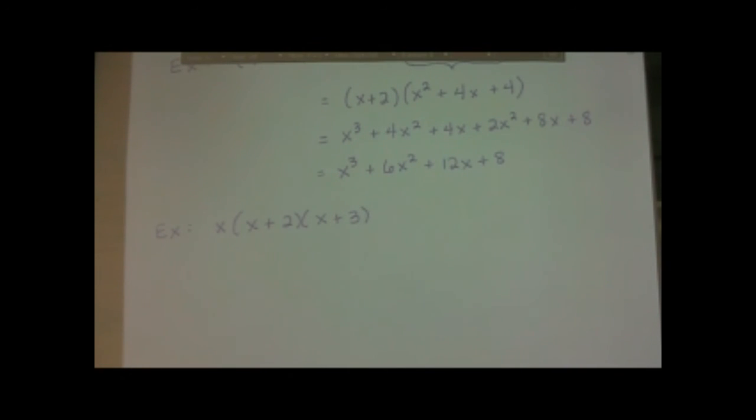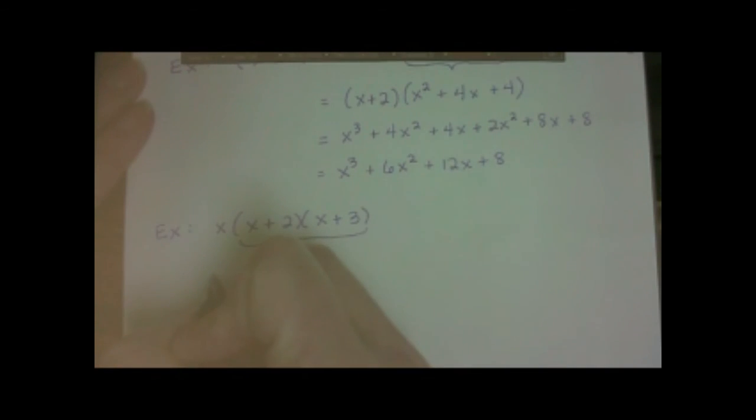Pick any two and multiply them. Then multiply by the third one. So, for example, I can pick the x and the x plus 2, and to multiply that I would distribute. Or I can pick the x plus 2 and the x plus 3, FOIL that, and then multiply by the x. That's kind of what I like to do, but you can do these in any order that you want.